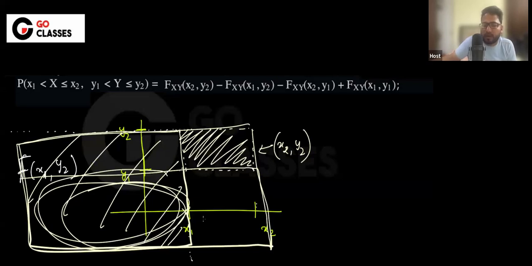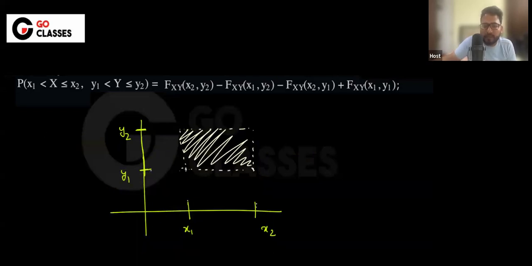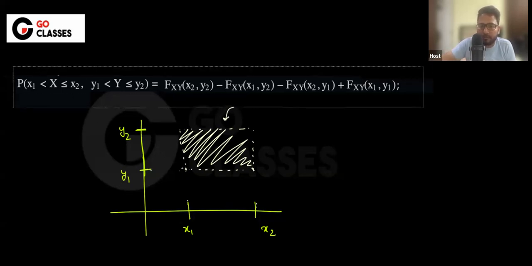So I hope you are getting it, but still let me tell you one more time. This particular region we are interested in. One way of doing it: you can take x2, y2.